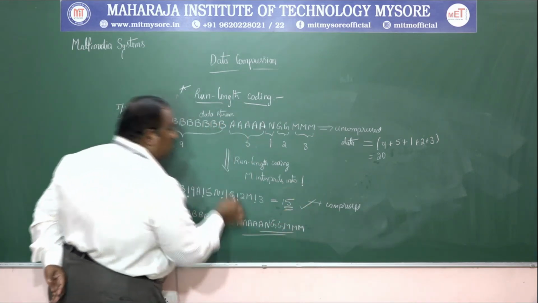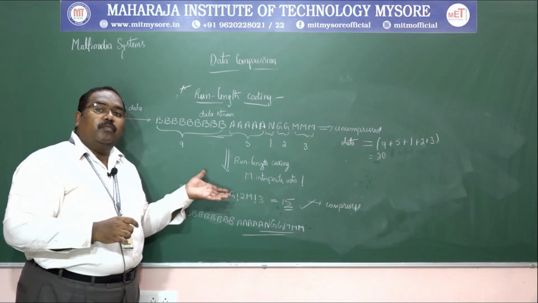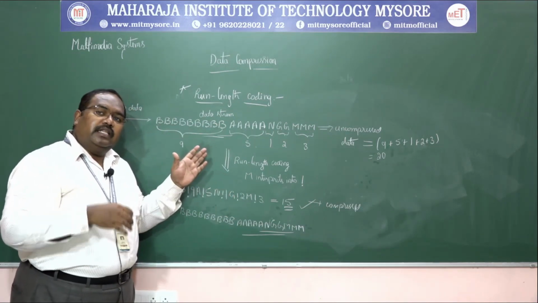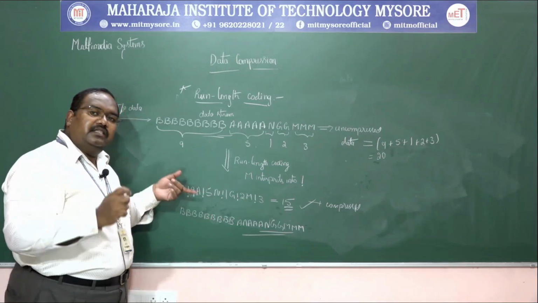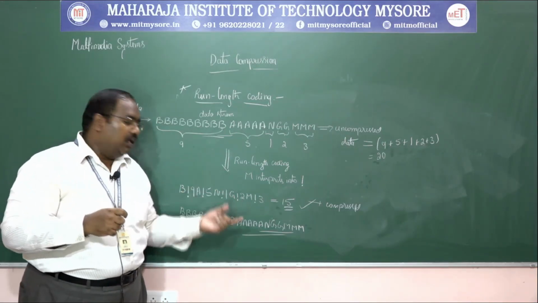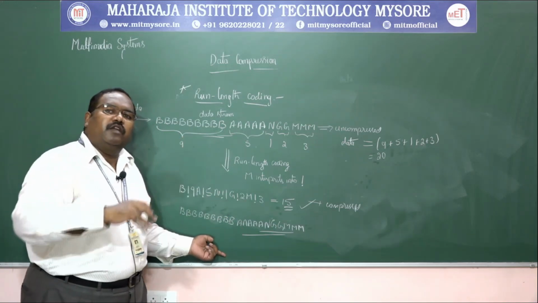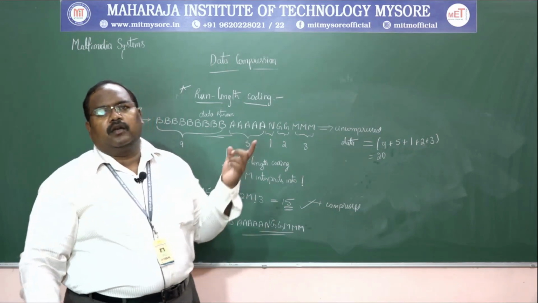So when you look at this one and this one, both are identical. In entropy coding, we say the data before encoding and the data we get after decoding are identical. This is the statement I stressed earlier when discussing entropy. Look at this, both data are identical. There is no loss of information. This is what we say about run length coding.